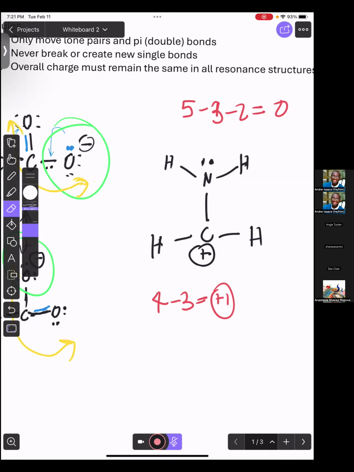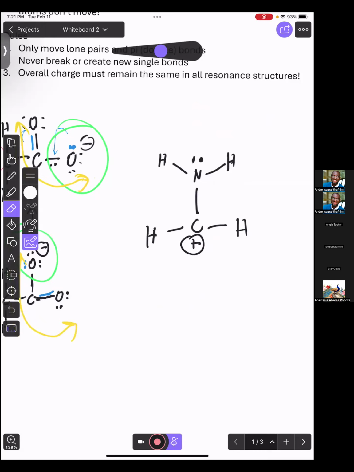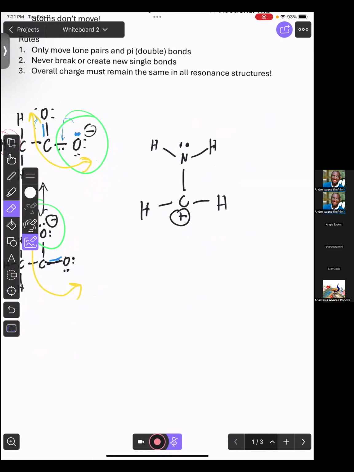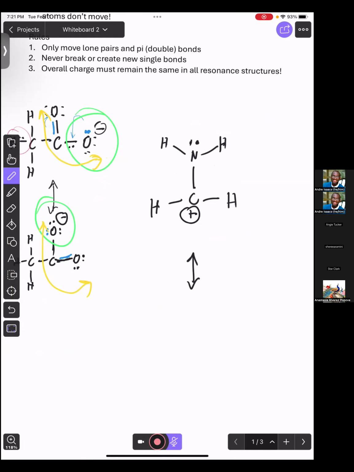Okay, so with that said, I want you to think through how we could draw a resonance structure for this molecule. Where are we going to start? This is different. I'm giving you two different scenarios. Remember, I told you, if you have a molecule that has a negative charge, that is a place you want to start.